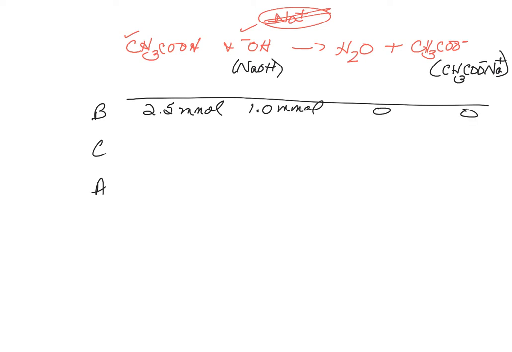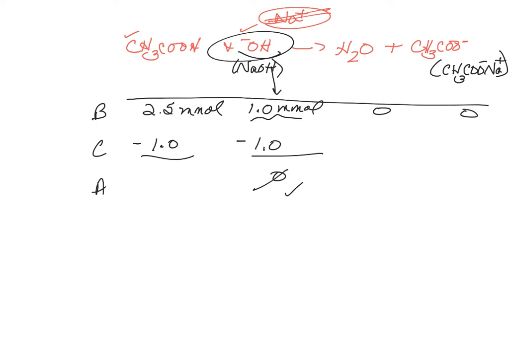Whatever the limiting reactant is, which will usually be your titrant, in this case sodium hydroxide, is your lesser amount. You're going to subtract that from both of the reactants to show that they reacted. So the amount of hydroxide you've titrated with will always be 0, assuming you haven't over-titrated, and the amount of the weak acid that you have left is 1.5 millimoles.